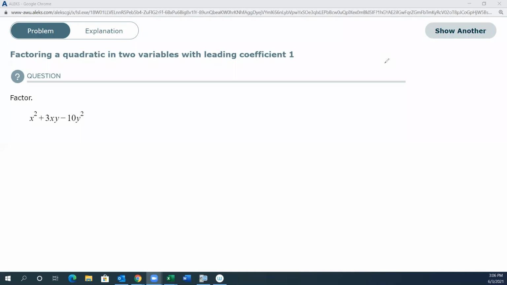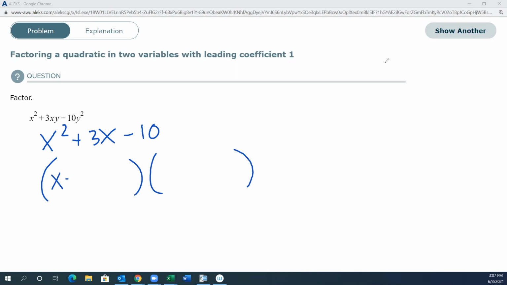Now on this one, where there's more than one variable, all we're going to do is temporarily pretend that the second variable isn't even there. Just ignore the y's, but don't forget to bring them in at the end. I'm going to factor this, and we already know it's x plus 5, x minus 2.